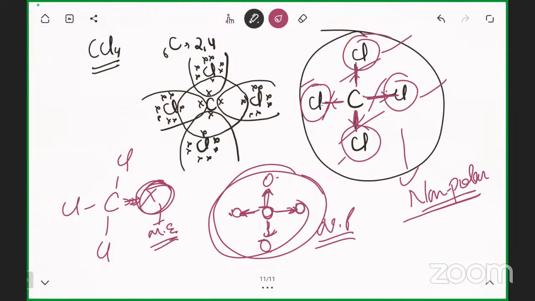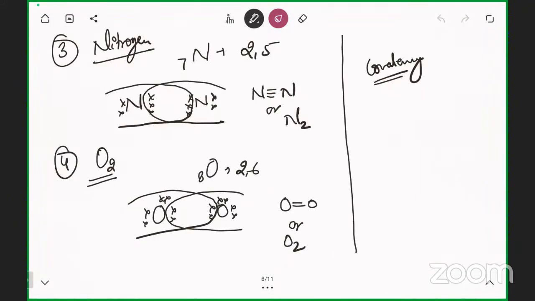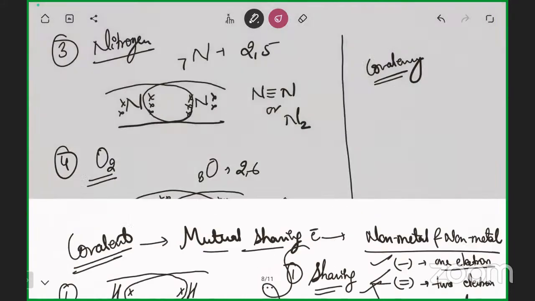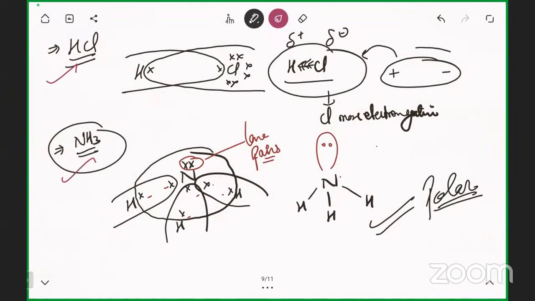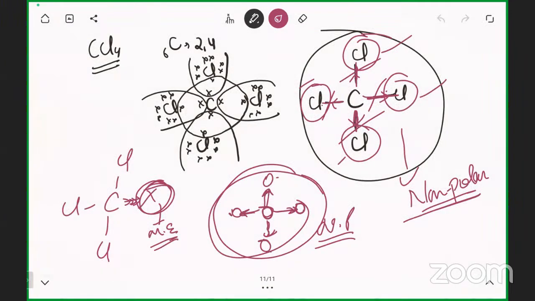Let's take, okay, do you want to ask anything in covalent bonding right now? Any of the examples from the starting: hydrogen, chlorine, nitrogen, oxygen, HCl, ammonia, and polar, non-polar, CCl4, CH4.